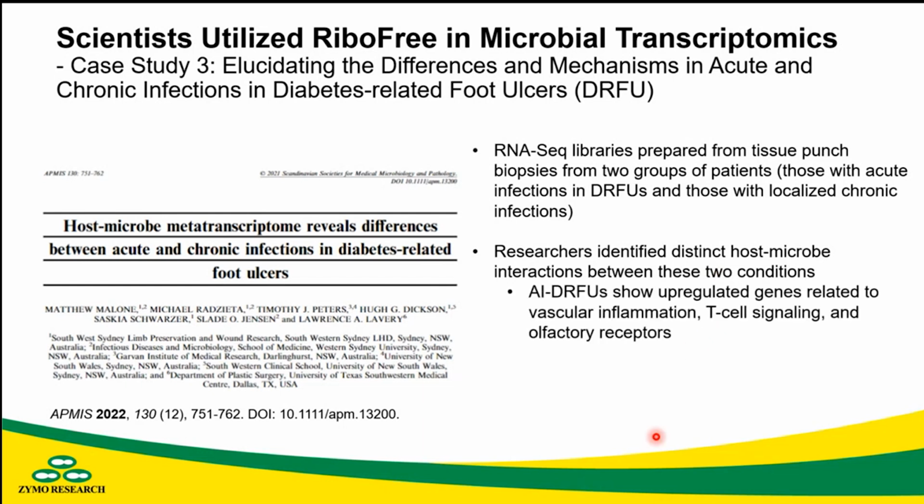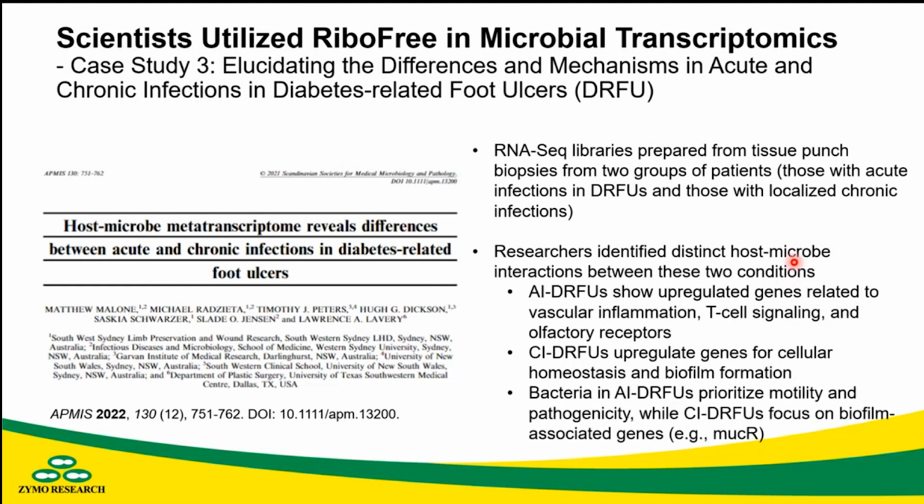Specifically, they found that in those with acute infections, the upregulated genes are more related to vascular inflammation, T-cell signaling, and olfactory receptors. While for those that have local chronic infections, upregulated genes are more about cellular homeostasis maintenance and biofilm formation.